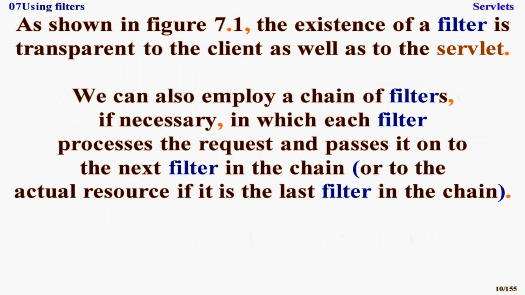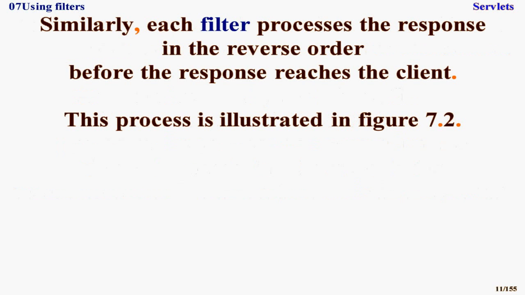As shown in Figure 7.1, the existence of a filter is transparent to the client as well as to the servlet. We can also employ a chain of filters, if necessary, in which each filter processes the request and passes it on to the next filter in the chain or to the actual resource if it is the last filter in the chain. Similarly, each filter processes the response in the reverse order before the response reaches the client.